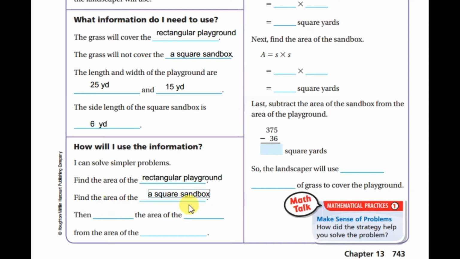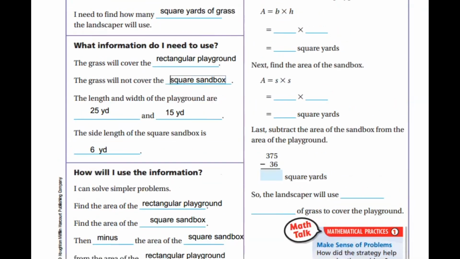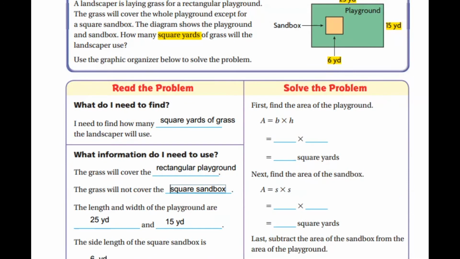Then we subtract them: the area of the square sandbox from the big rectangular playground. Okay, so find the area of the playground.